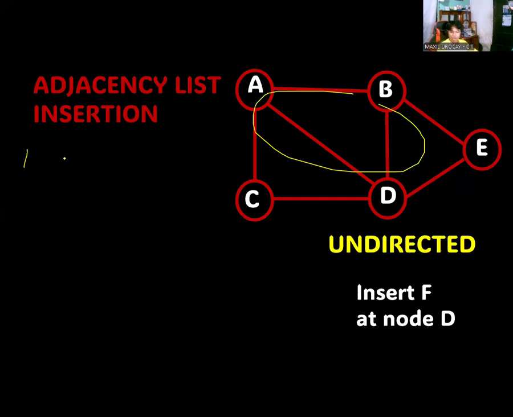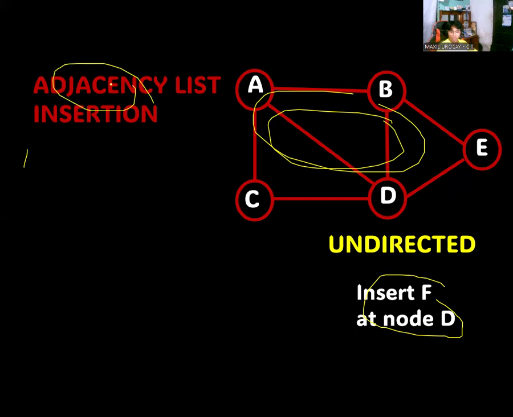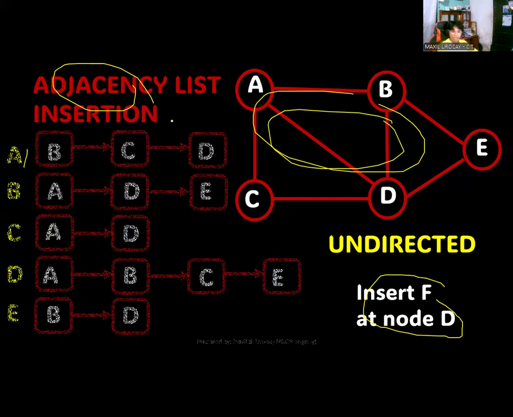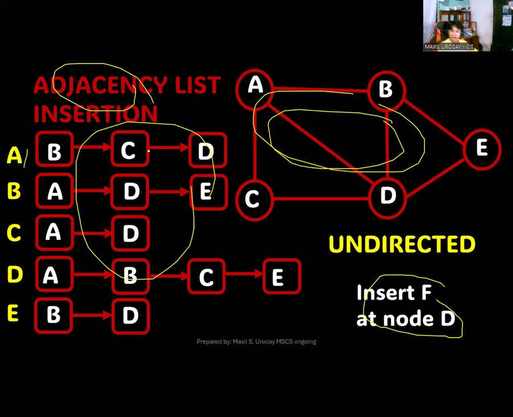You have to make sure that you do the adjacency list first before you insert F at node D. If you don't know yet how to get the adjacency list, that was in the previous video that I created. Now, listen here. This will be the adjacency list result for this particular graph.